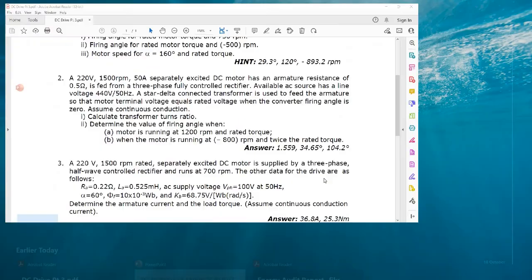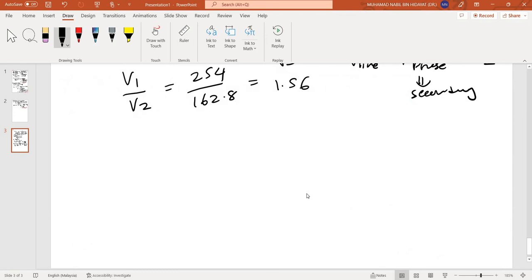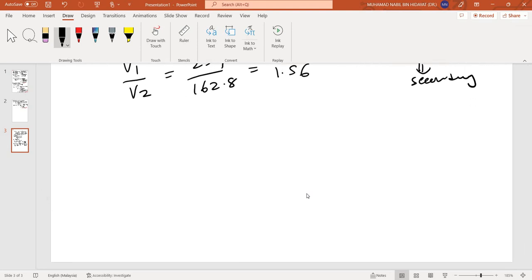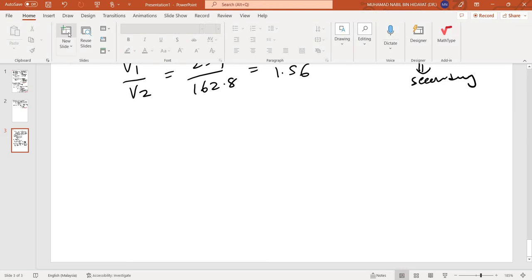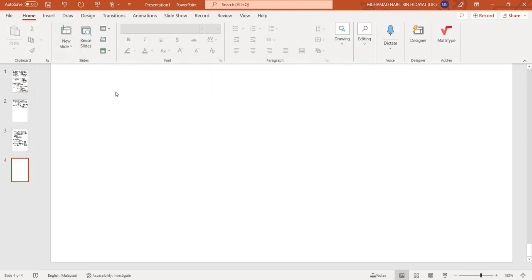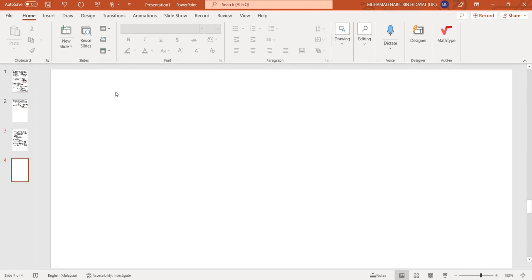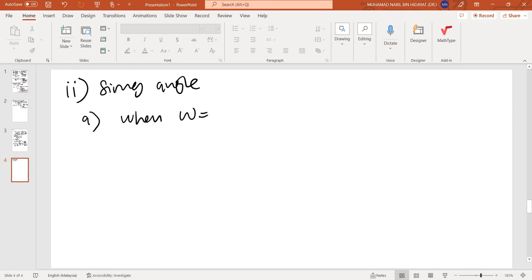So for number 2, the firing angle A, when omega is 1200 RPM at rated torque.